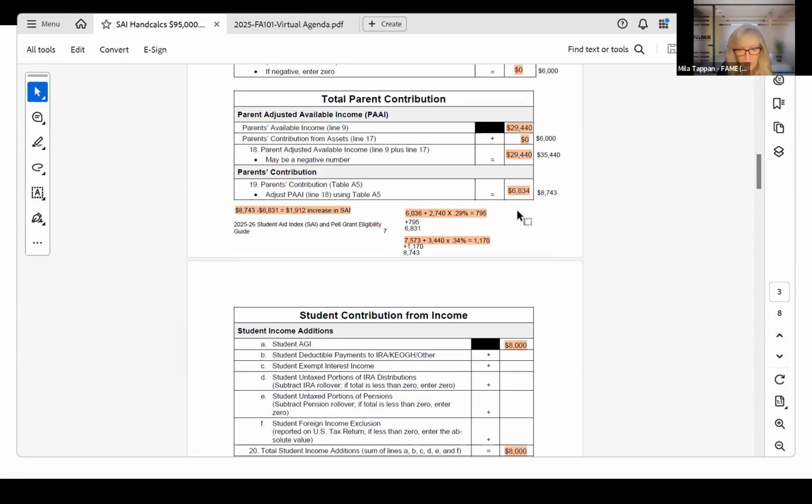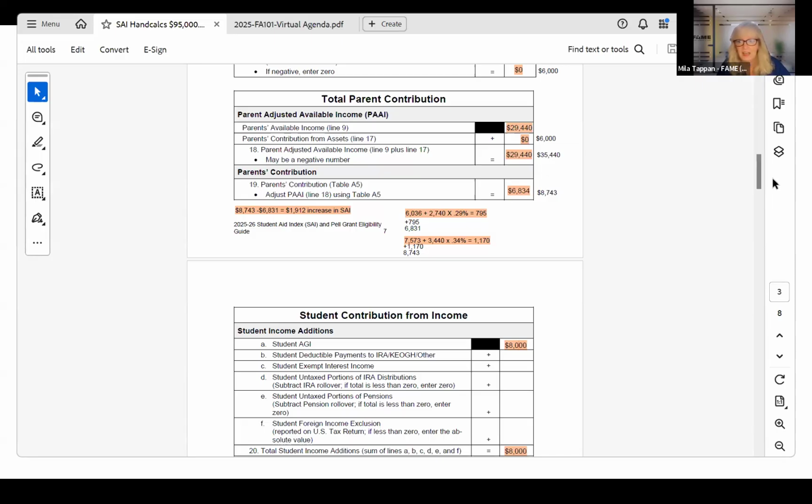That's how we come up with 6,834. That is the parent SAI. That is the parent portion of an SAI for a family that is earning $95,000 with no assets, and they're a family of 4, married parents, 2 kiddos. Okay? So that's how we got there. That's all that impacts the parent SAI.